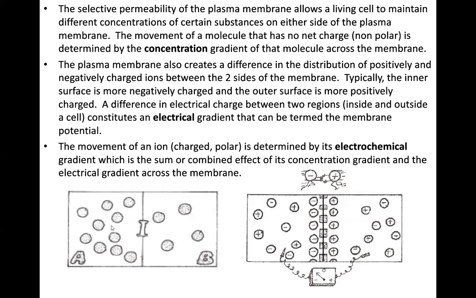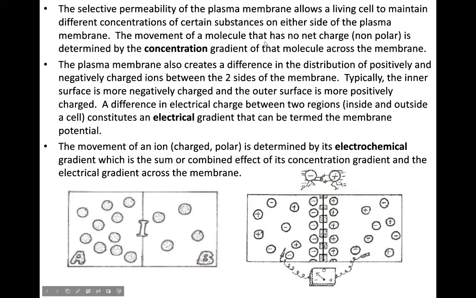The numbers of whatever these blobs are, let's just say they're oxygen, are not equal on both sides. That's a very common situation in the body, where you've got different numbers of something on one side compared to the other side of the plasma membrane. Sometimes it's more inside the cell, sometimes it's more outside the cell.